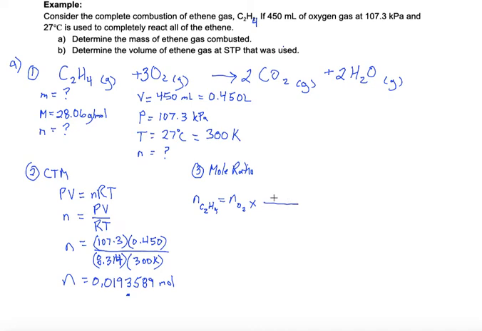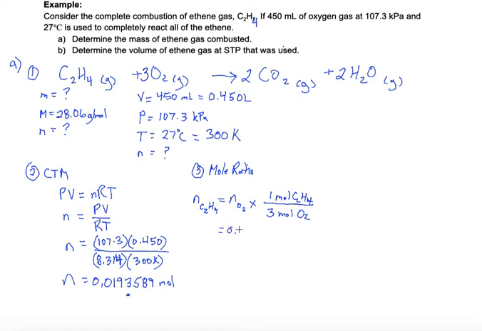So I want moles of ethene, C2H4, on top, and I'm trying to get rid of moles of oxygen, so it's going to go on the bottom, and I look at my ratio in my balanced chemical equation. It's a 1 for C2H4, it's a 3 for oxygen, so this is going to be a 1, this is going to be a 3, and now I can do that math.